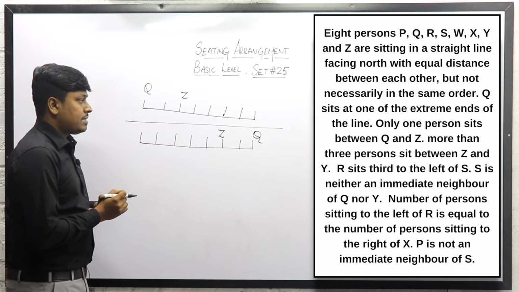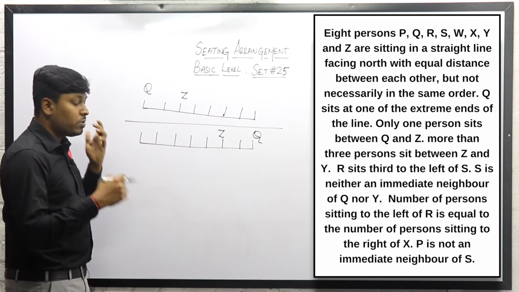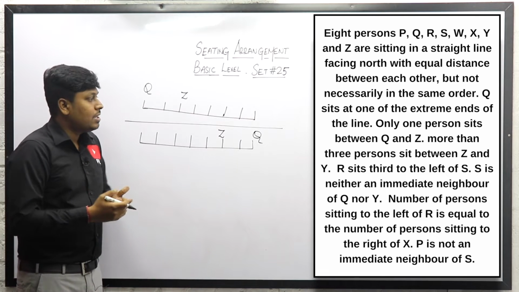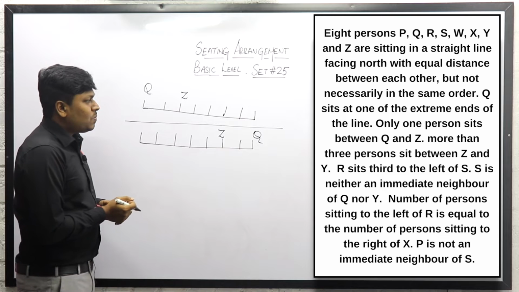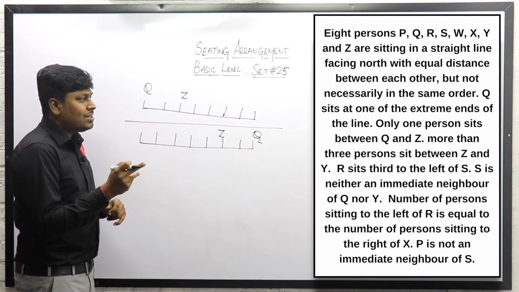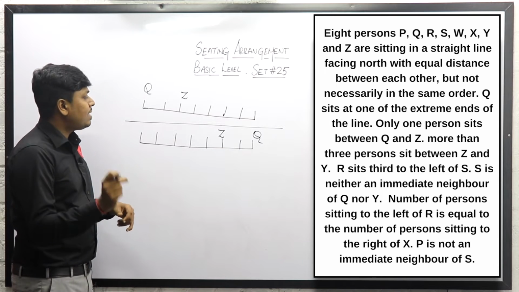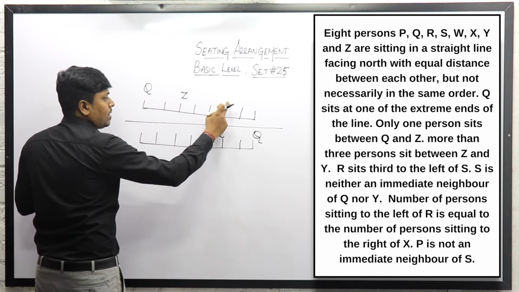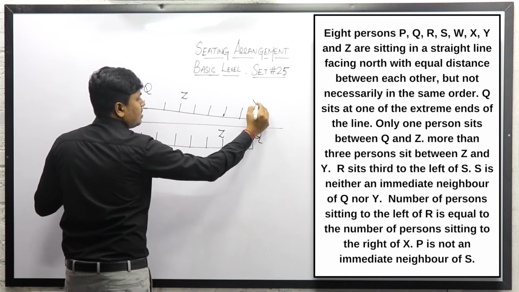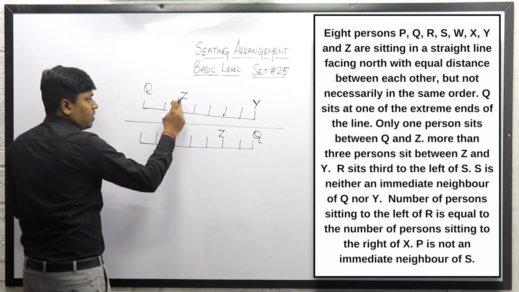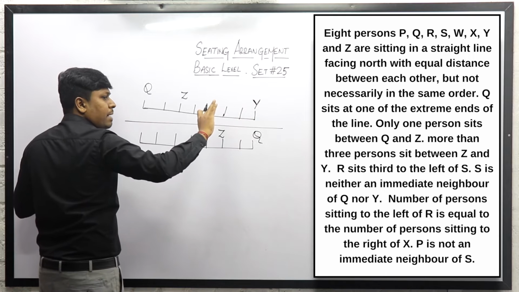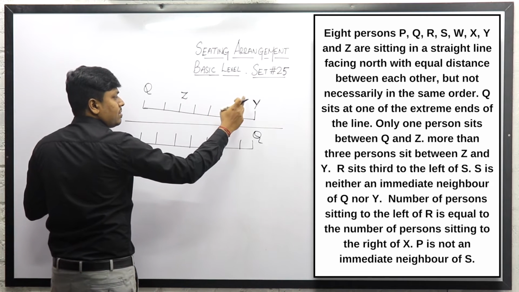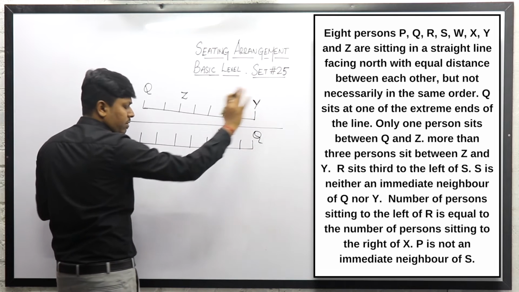More than 3 persons sit between Z and Y. More than 3 means it should definitely be 4 or 5, right? So 1, 2 and 3, this should not be Y; this should definitely be Y. Because between Z and Y there should be a gap of more than 3, it can be 4 or 5. 1, 2, 3, so 5 will be ruled out of the arrangement.